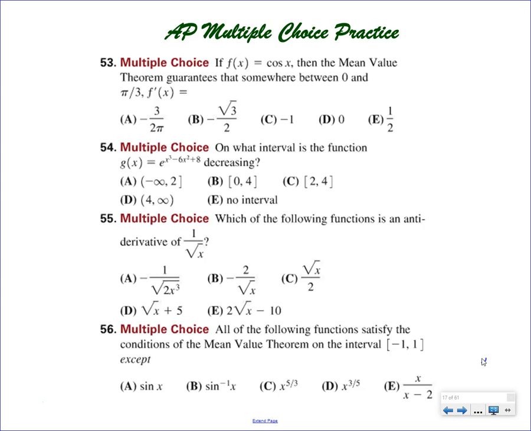Which one are we stuck on? I can't see it. Too small. It's e to the x cubed. No, x to the fifth or x cubed? Minus 6x squared plus 8. Alright, we read it off. It's e to the x cubed minus 6x squared plus 8. Alright, go back to it.